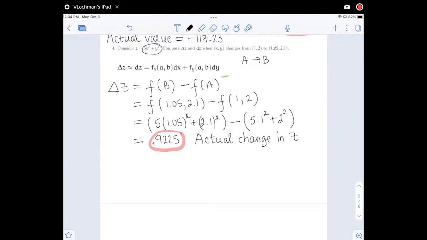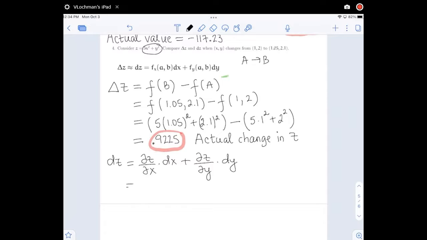Now I'm going to compute dz. And all it is is just a linear approximation. So dz is dz/dx, the partial with respect to the first variable, times the change in x, plus dz/dy times the change in y.